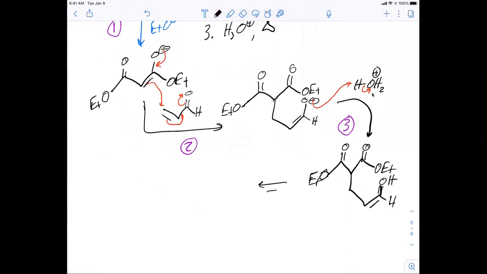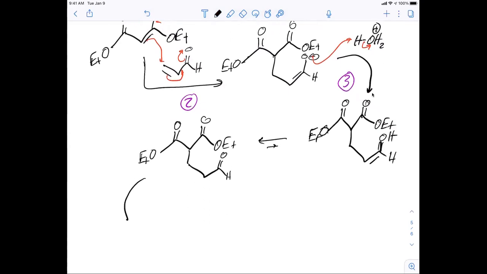And then we get the tautomerization, getting back to the ketone. Okay, but what's going to happen in strong acid and water, or acid and heat?